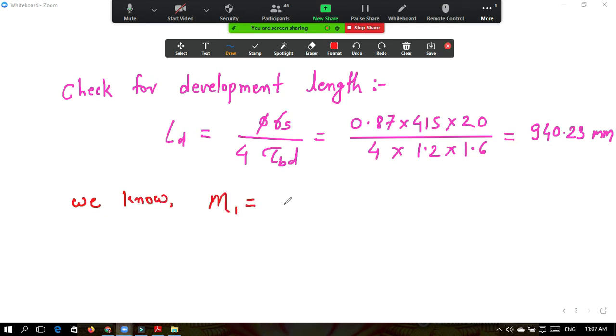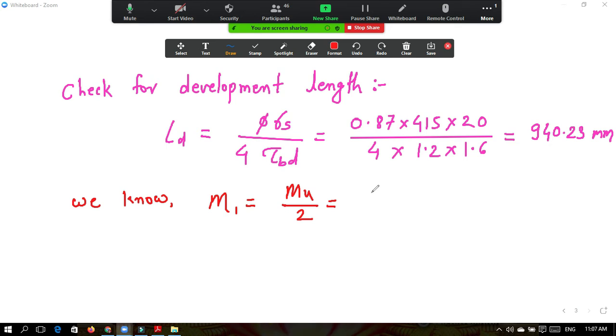M1 is equal to Mu by 2. What is the moment here? Whatever the moment is at the support, that moment we should take here. This Mu is nothing but the moment at your support, because we are going to calculate the development length at the support.